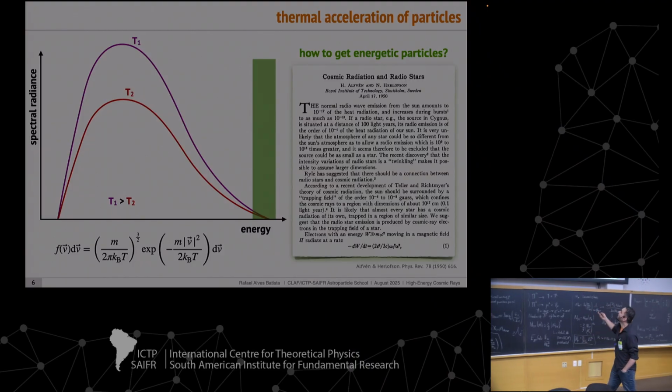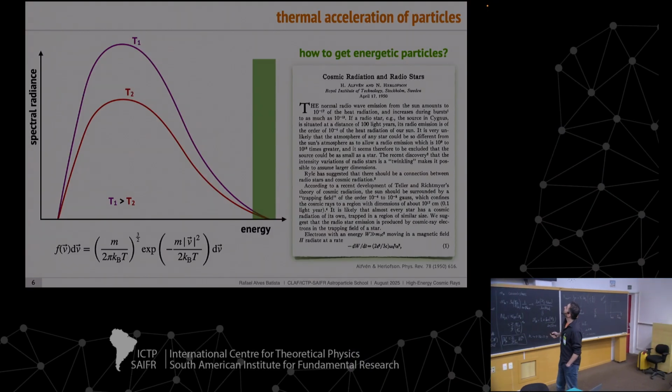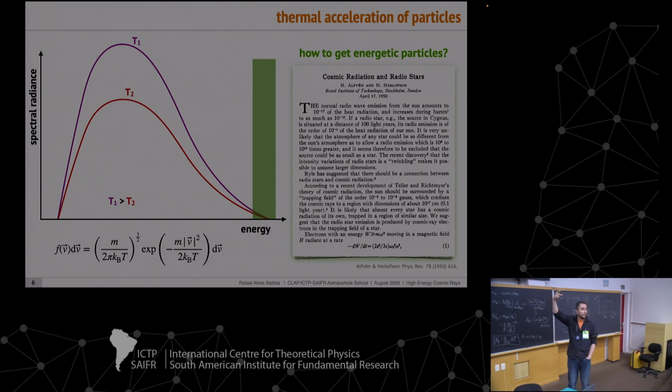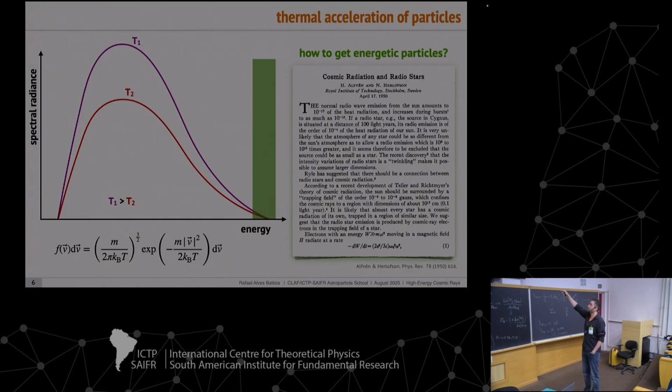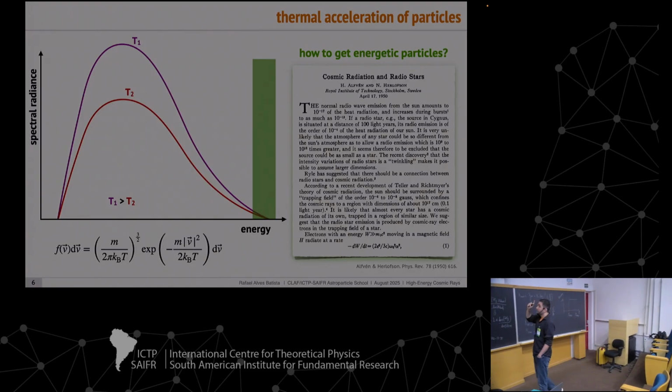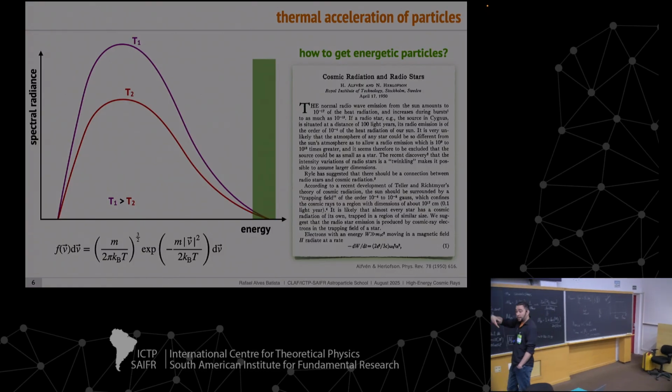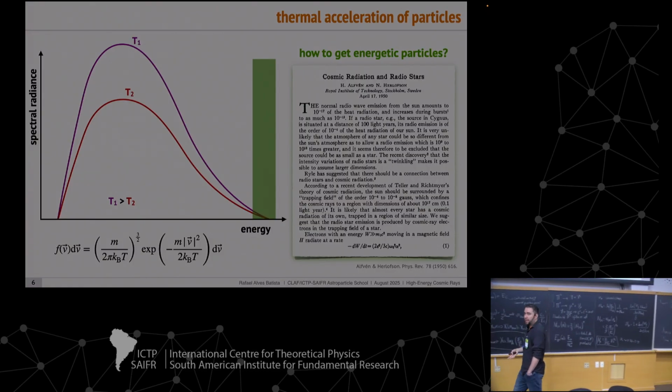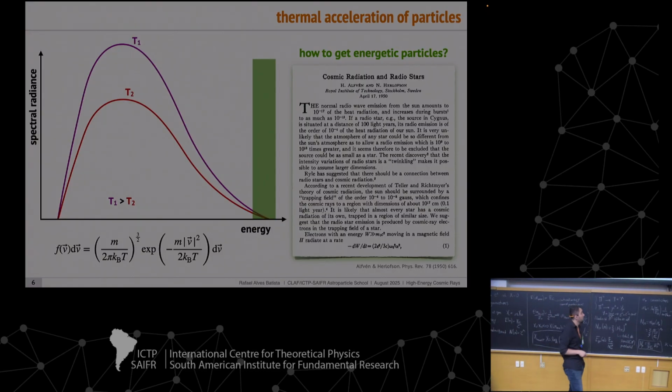And then, people in the 40s and 50s were speculating about the sources. That's why I told you the history before. The sources of these energetic particles. Look at this paper from 1950. Remember, once again, air showers were discovered in 1938, although there were some hints of them before.